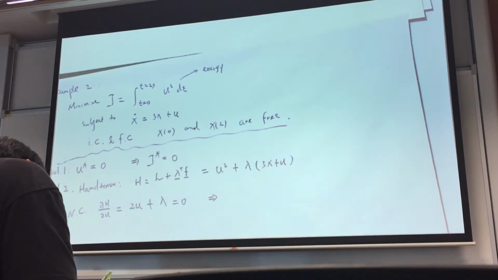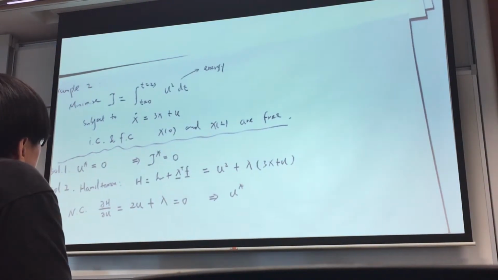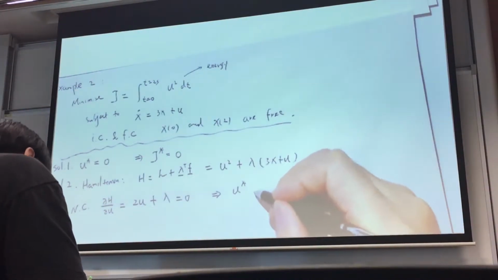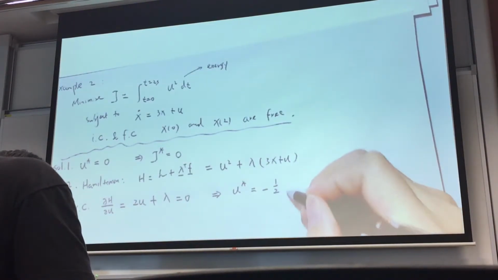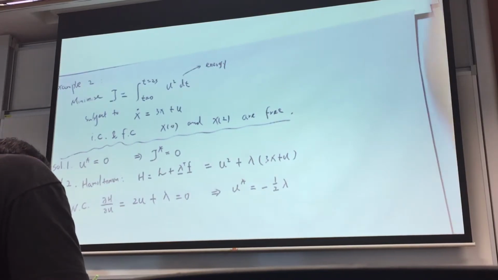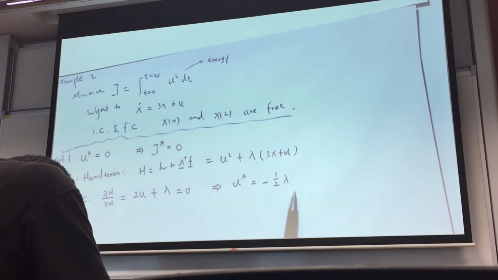This gives us the optimal control input U star equal to minus a half lambda. But so far this lambda is unknown.